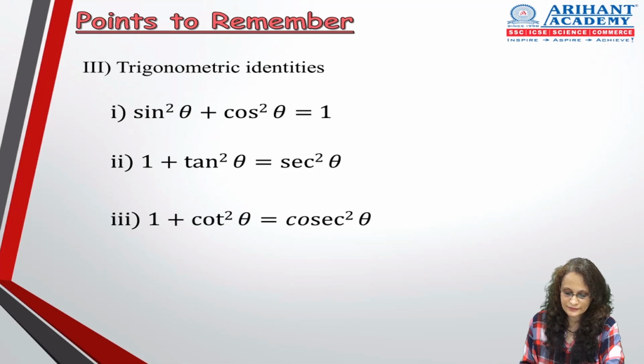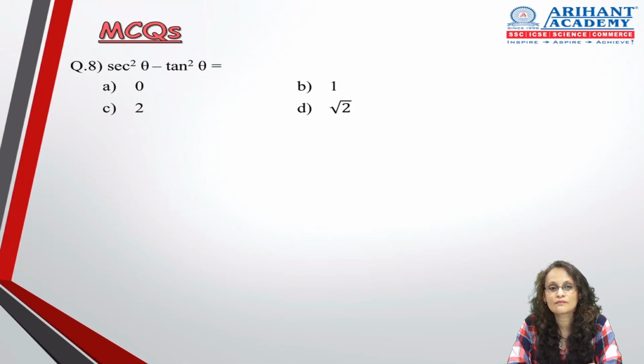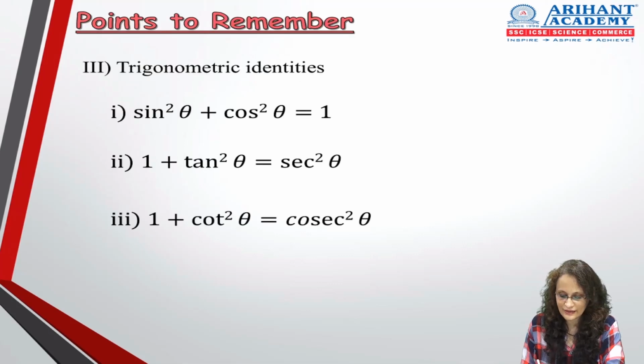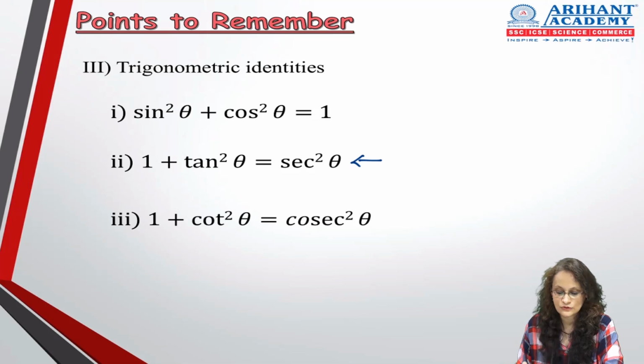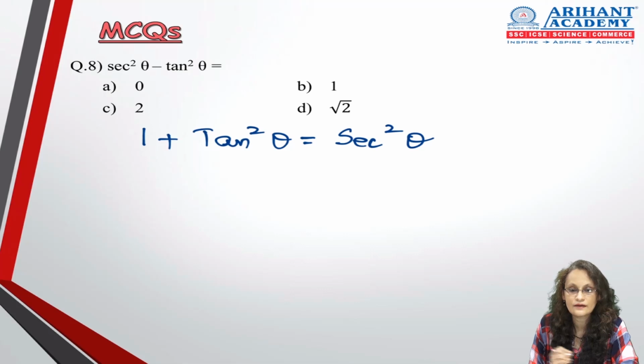Alright? So see the 8th MCQ. Sec square theta minus tan square theta is equal to what? Now to find the answer, let's go back to the previous slide. See, your second identity will help you. 1 plus tan square theta is equal to sec square theta, right? So let me write the same one. I'll write it for you here. 1 plus tan square theta is equal to sec square theta.